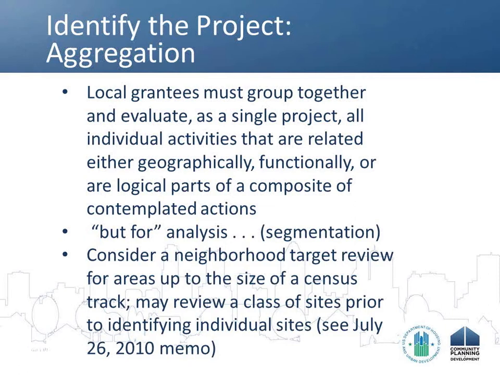Another way to go about it, and this is especially helpful when you're doing a lot of single-family rehabs, is to do what is called a neighborhood target review. We did a lot for the neighborhood stabilization program too. You can take an entire census tract and do an environmental review on all of it.